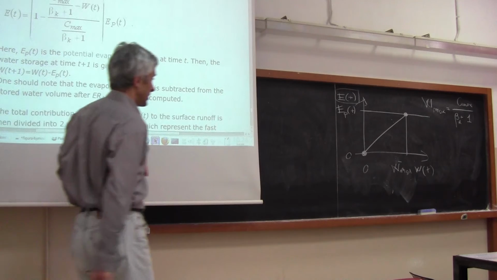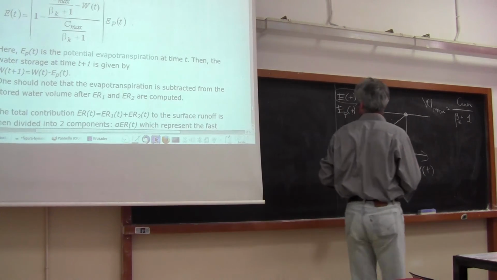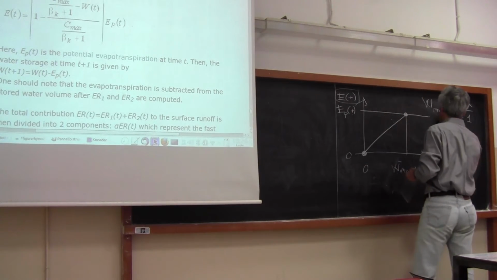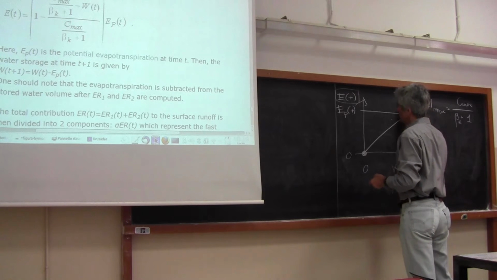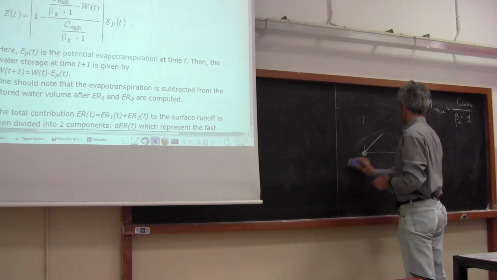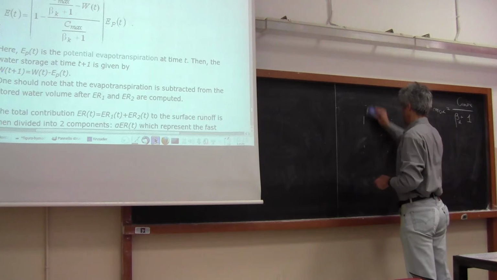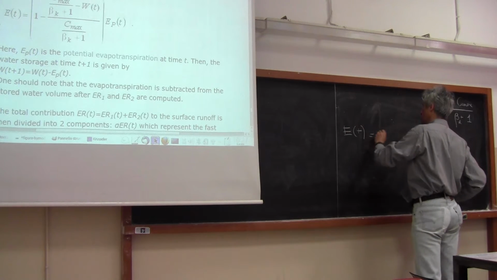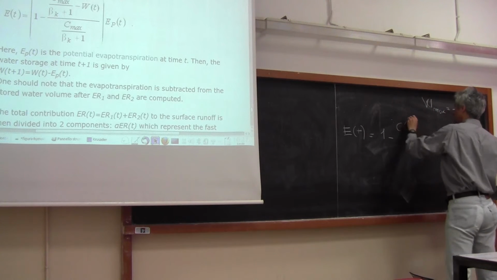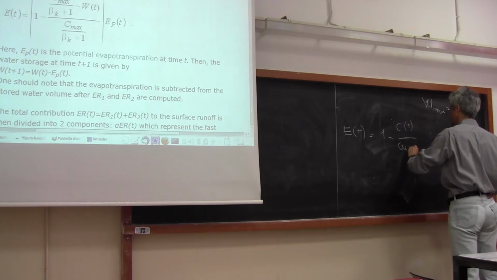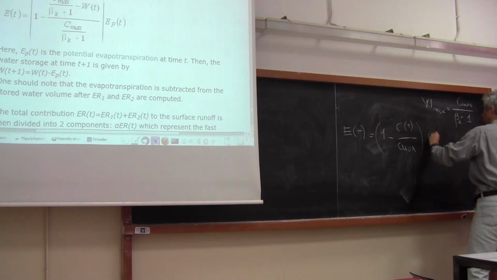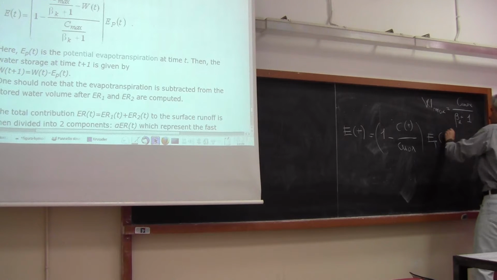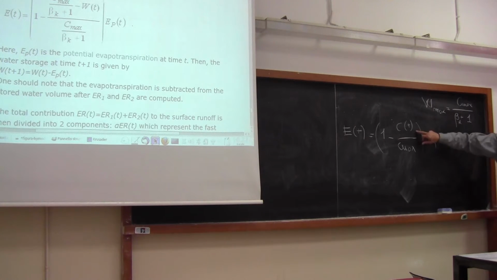Look, this can probably be written in a simpler way, if we wanted to write it in terms of CT. You could write it in this way: ET is equal to 1 minus CT divided by C max, times EPT. It's the same thing. You see that it's linear.